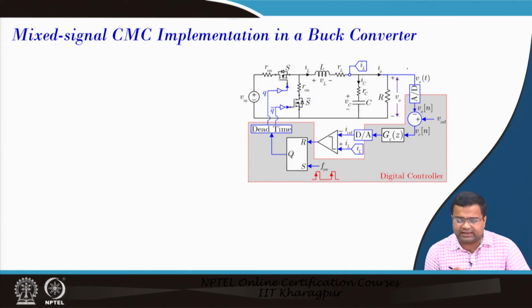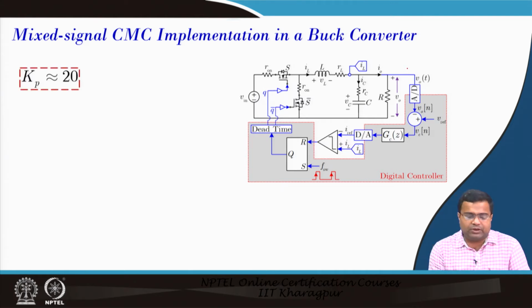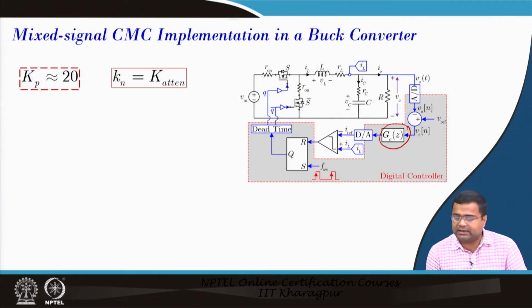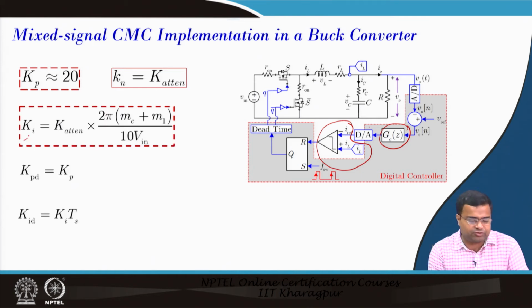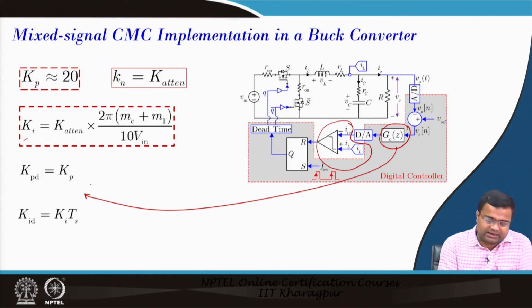So, in the mixed signal current mode control we have plugged in this digital controller Kp equal to 20, and the attenuation factor we have discussed. For this there is a modification in this loop, and the integral gain, which is in the continuous domain, will be set as this in the discrete domain.